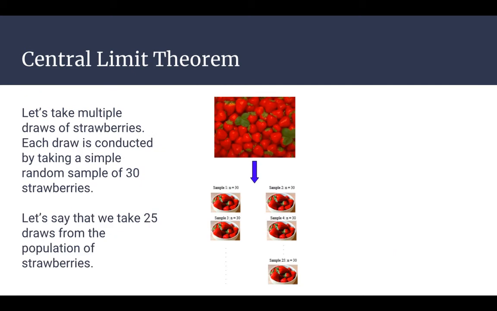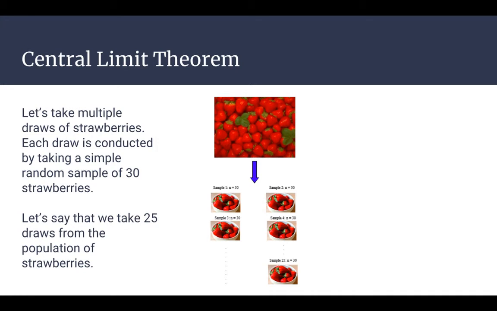Let's take draws. So let's look at an example where we are taking multiple draws of strawberries. Each draw is conducted by taking a simple random sample of 30 strawberries. Let's say that we take 25 draws from the population of strawberries. In theory, we are endlessly repeating this process of drawing 30 strawberries at random.